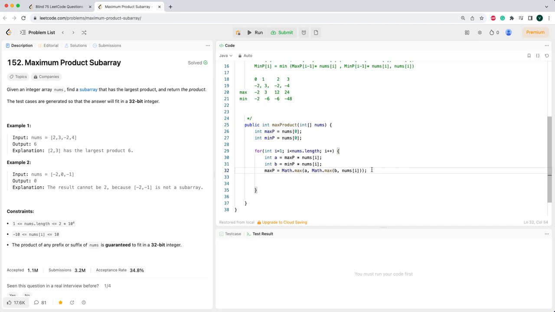Okay, and this would be the minimum of these 3 numbers, right? And this will be the min. And I guess we need to return the maximum product, correct? Right, let's run this.